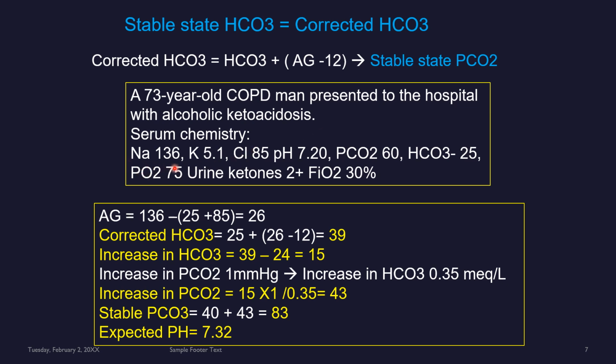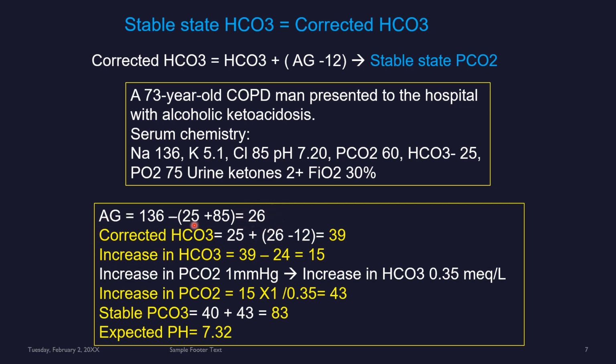Chemistry: sodium 136, potassium 5.1, chloride 85, pH 7.2, partial pressure of carbon dioxide 60, bicarbonate 25, PO2 75, urine ketones +2, FiO2 30%. Start with the anion gap of this patient: sodium minus chloride plus bicarbonate. So the anion gap is 26.